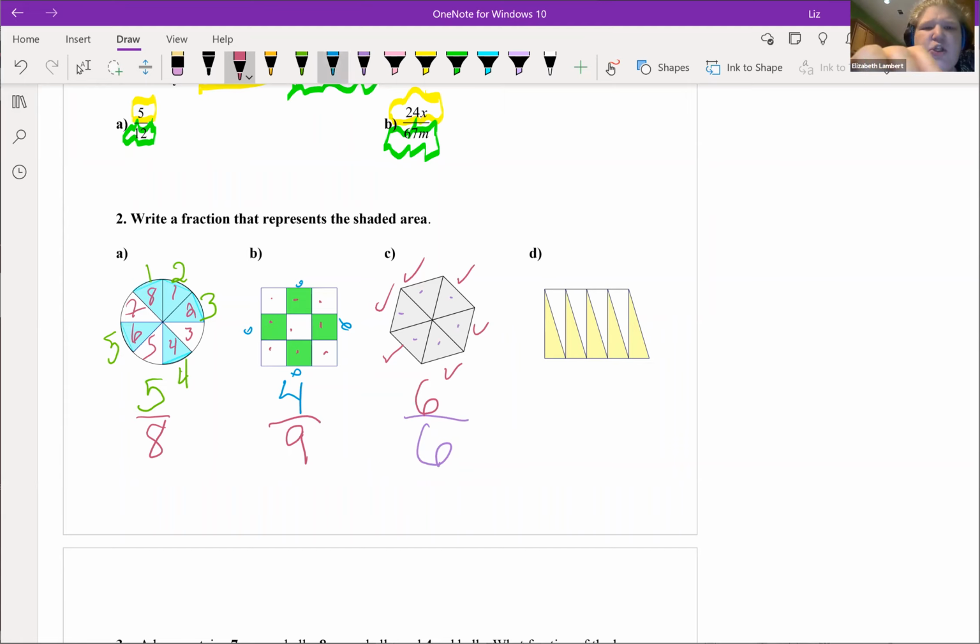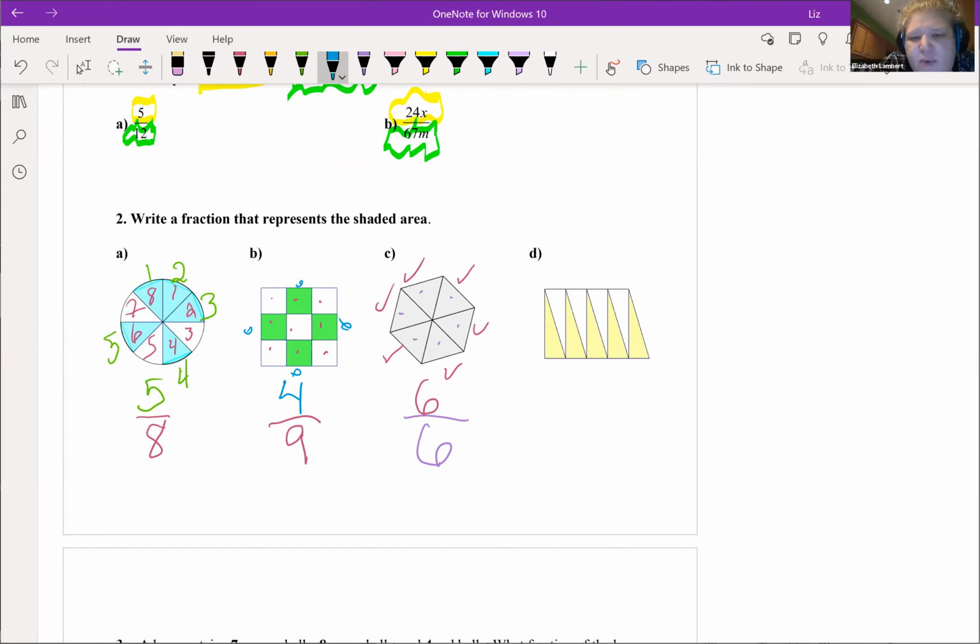Now, D can look a little weird on first inspection because the first 3 were regular polygons. D is not. D is a weird trapezoid that's been cut up into equal triangles. But if you look at the triangles, like if you flip them around, they are supposed to be the same size, so we're going to make that assumption. Otherwise, we can't answer the fraction question.